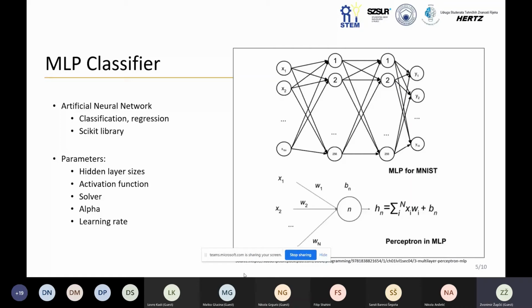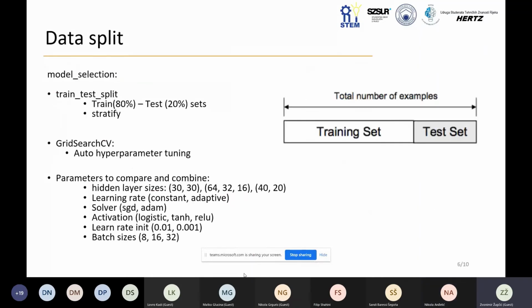We also tried to switch them up, to see if it could improve or limit the performance. But before training, we split the data into 80 and 20% for train and test. We used stratify to try to even it up a little bit, but it did not improve the results much.